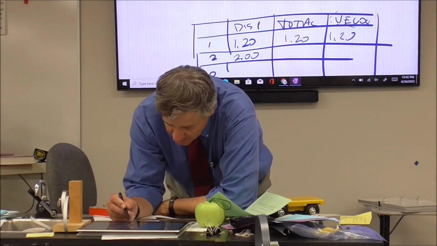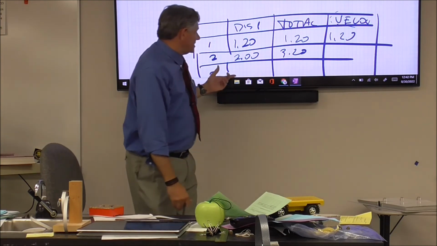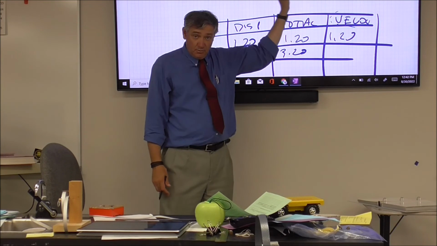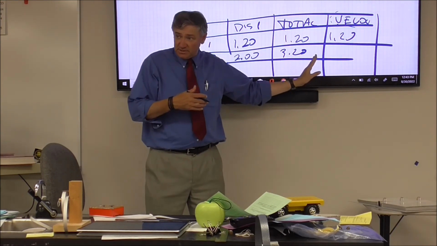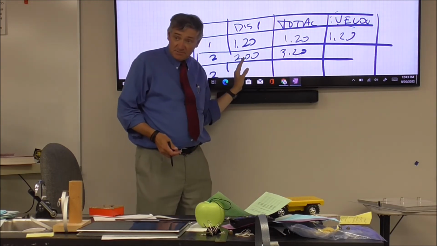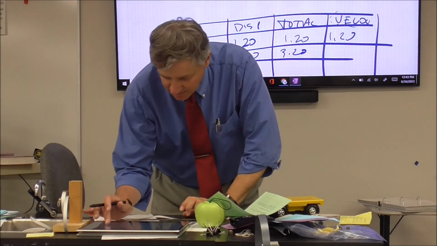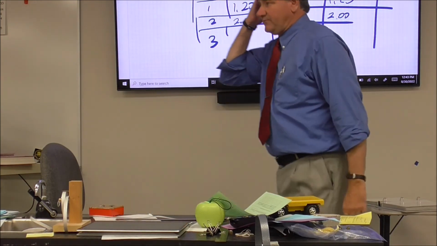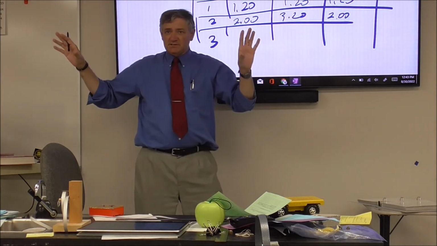So now I'm going to add that together, and I'm going to get 3.20 because I went 1.2 centimeters here, I went 1.2 here, I went 2 centimeters there, total displacement 3.20. So this is going to be like a running total of these displacements. Now, my velocity is just going to be 2.00 centimeters per interval.